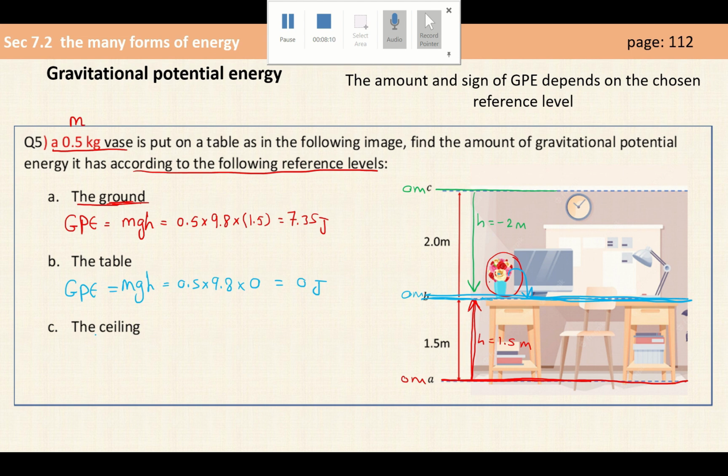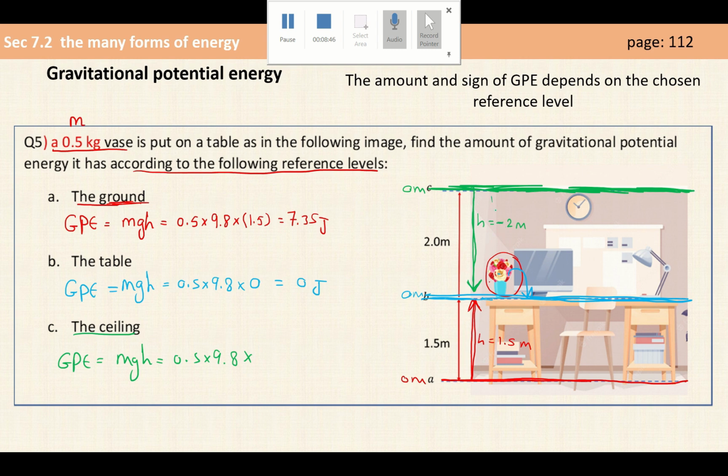Lastly, he wants us to find the gravitational potential energy stored in the vase if we measure our heights and depths from the ceiling. Similarly, GPE equals mgh. The mass is 0.5 and g is 9.8. But for the height, you can see that the vase is 2 meters below the reference level.